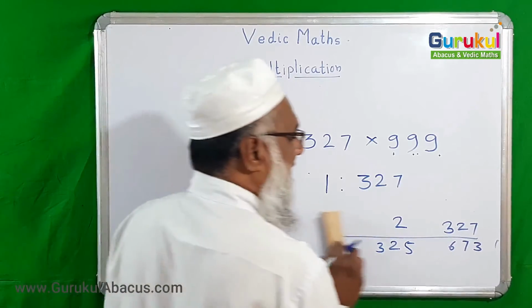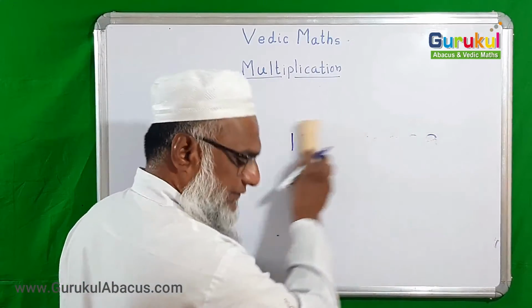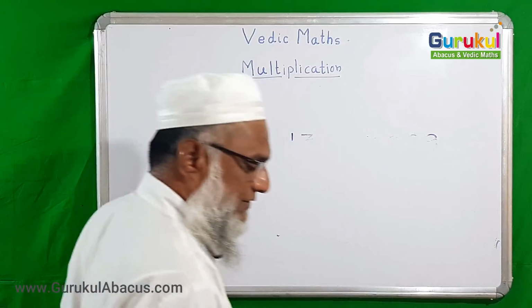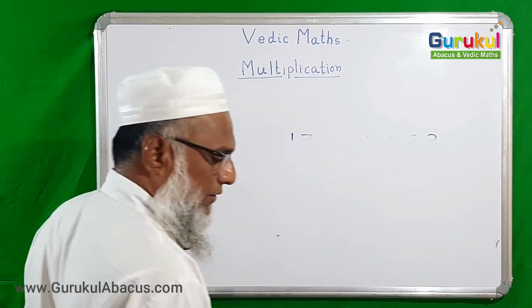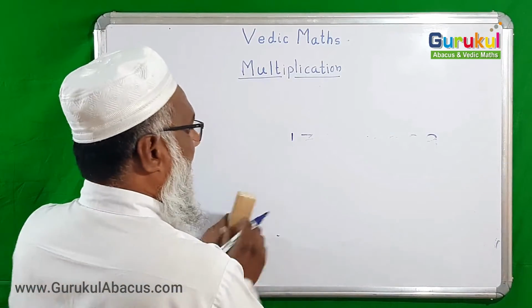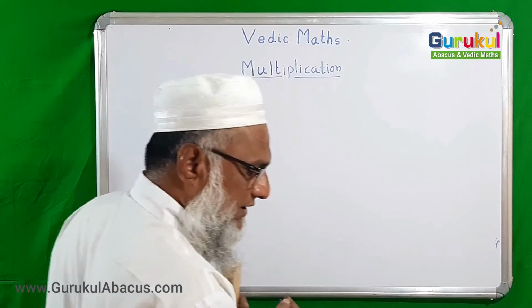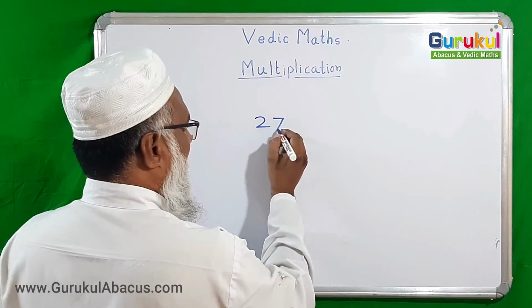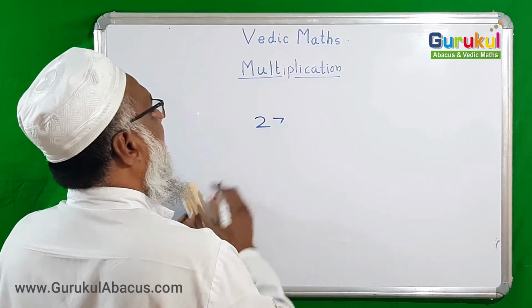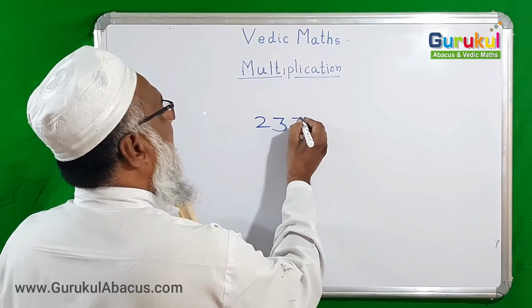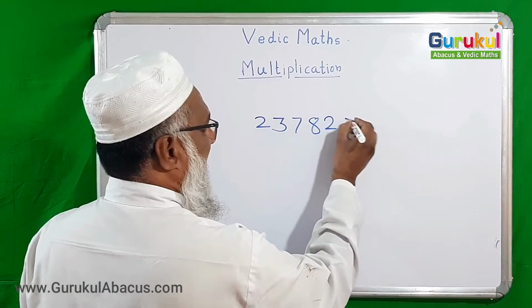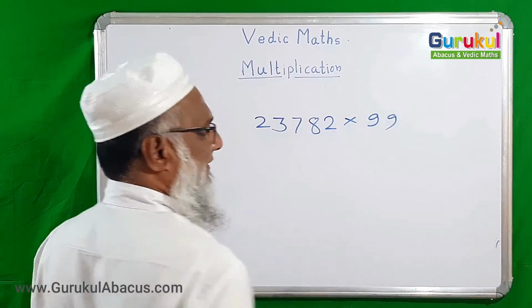Okay, so again one more condition we will study, that will also be very easy for us. Suppose now here is the example 23,782 multiplied by 9.